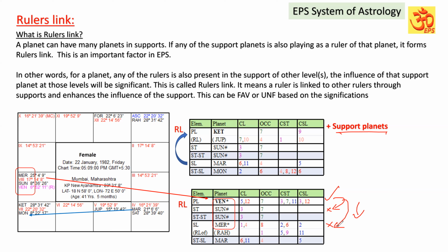So whether they are all passing their favorable significations to other levels or unfavorable, that way we can estimate that planet's strength at each level, whether favorable strength is increased or decreased. I hope you have understood. I will explain about ruler's link also. There are some important rules we can follow, that I will explain now.